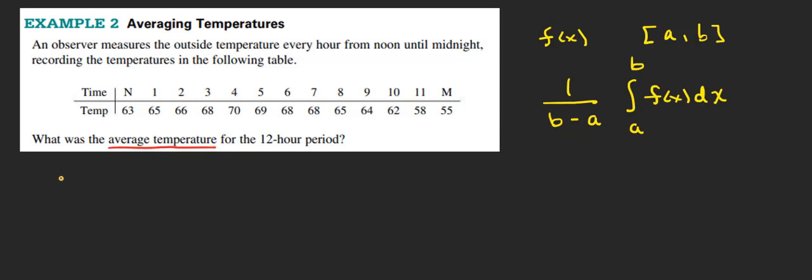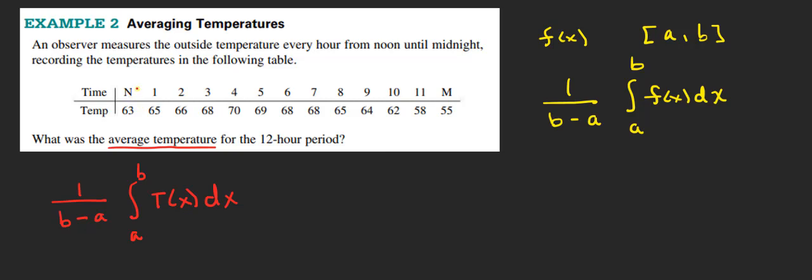So what we need to do is find 1 over b minus a, and take the integral of t of x dx from a to b. Now what are a and b? Well, look at the data here.